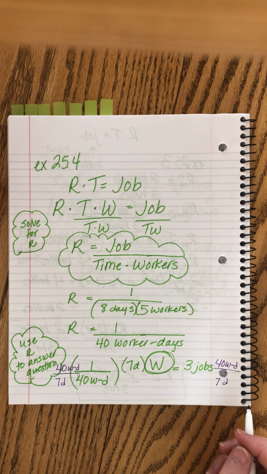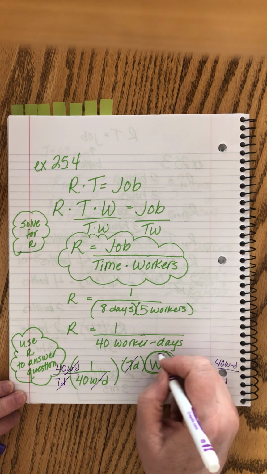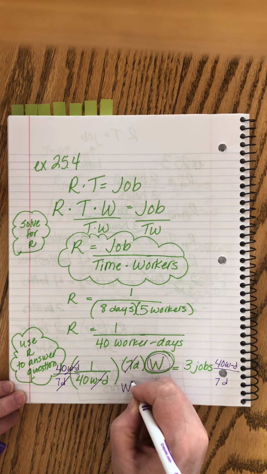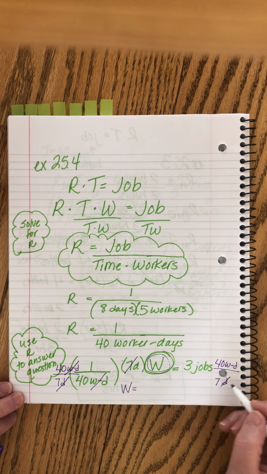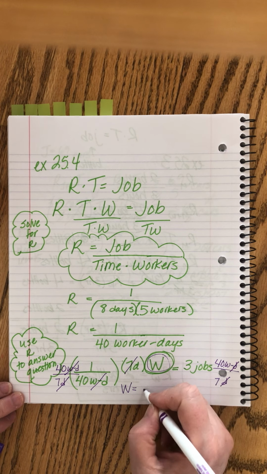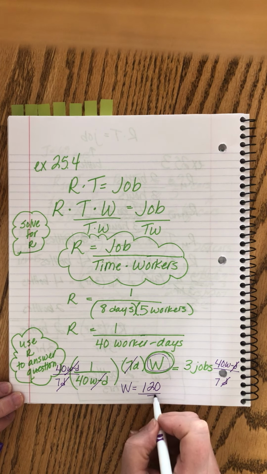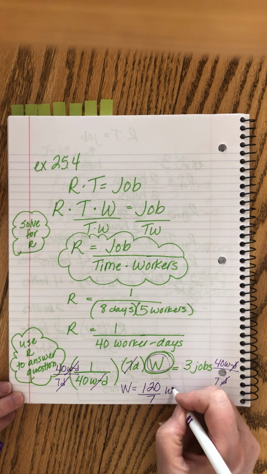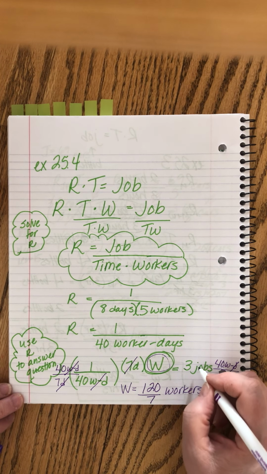And we'll see what happens there when we do all of that, okay? So let's see. This cancels that, and now I've got this by itself. W, the number of workers, equals, now days cancels days, and I've got 3 times 40 over 7 workers. So my words worked out. This jobs we don't really need to have there.